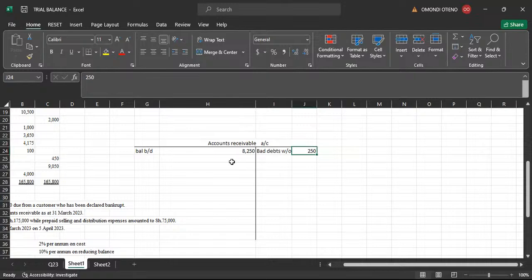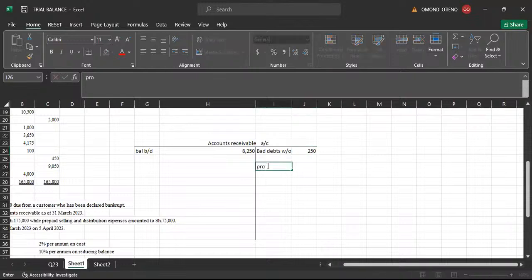We know very well that generally 5% of these people will not pay the amount. So this 5% should also be taken for us to get the real accounts receivable. Is it? So when we want to now take that, we are going to reduce our accounts receivable again by 5%. So provision for bad or doubtful debts.